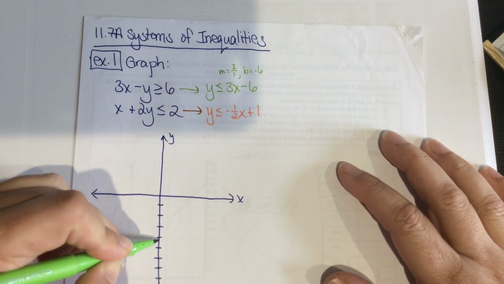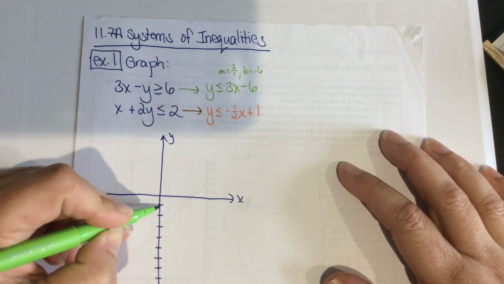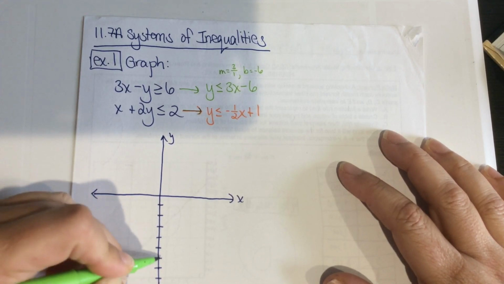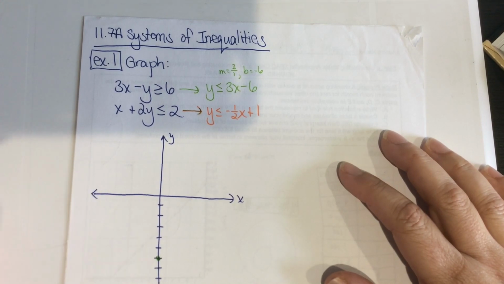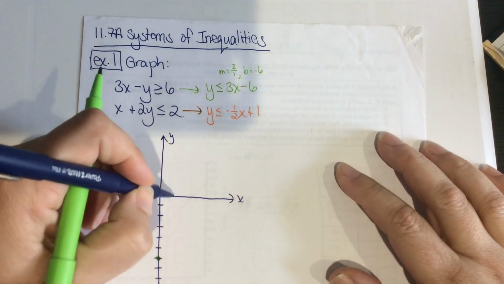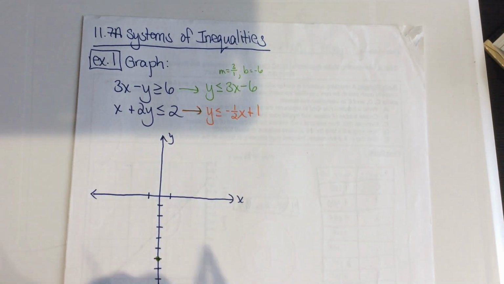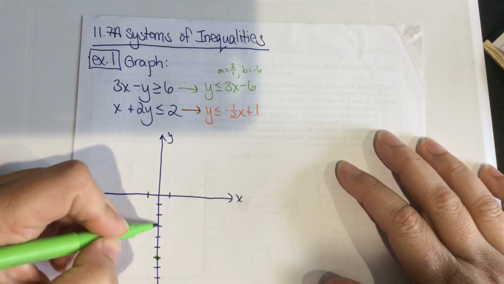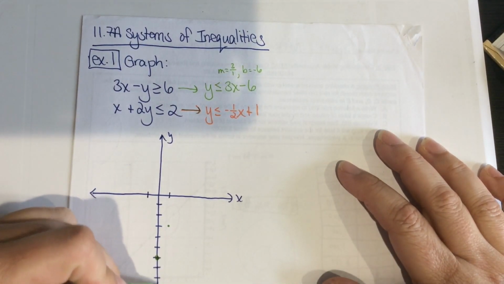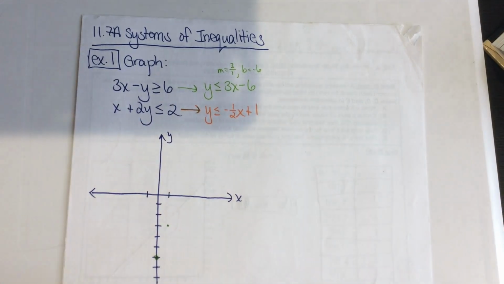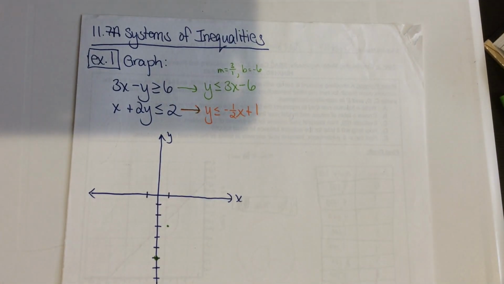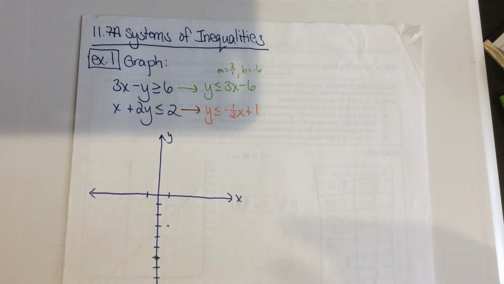So 1, 2, 3, 4, 5, 6. Did I count that right? 1, 2, 3, 4, 5, 6. Yes. So the y-intercept is negative 6, and the slope is positive 3. So up 1, 2, 3 over 1, or down and left. I'm not going to connect those dots yet because I want to see where the two lines intersect.